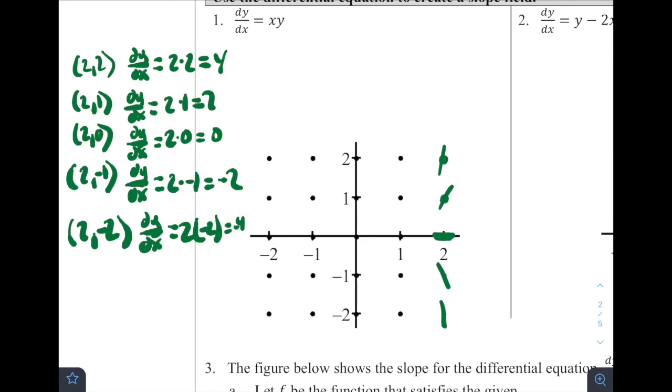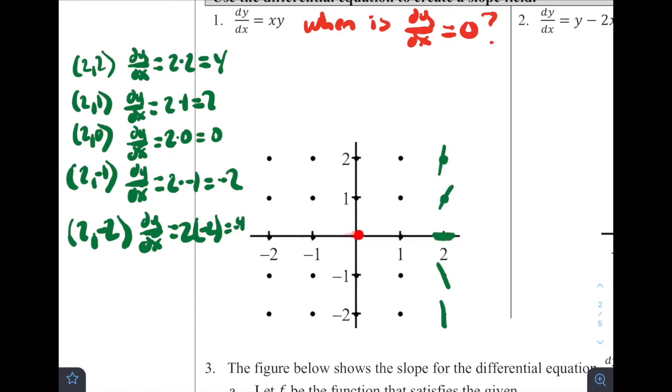For me, one thing I think about is when is the slope 0? When is dy dx equal to 0? And what I'm looking for here is really, since it's x times the y, the time when the dy dx is going to be equal to 0 is any time when x is 0 or y is 0 for those coordinates. And so looking at that, that's going to be really anything that's on the x-axis, right?